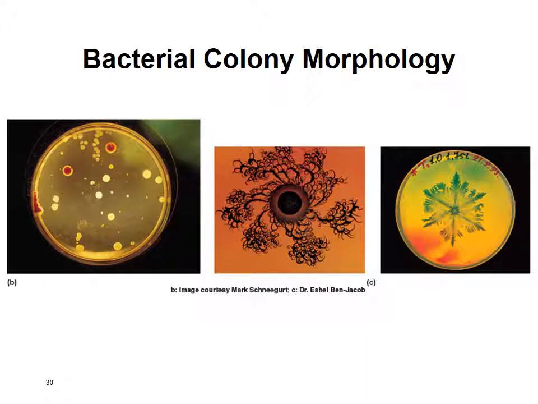In the photos to the left and centre of screen, we have examples of commonly observed colony morphologies. In the photo to the right of screen, you can see how colony morphology varies dramatically depending on the medium on which the bacteria are growing.